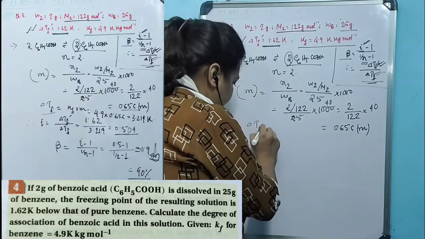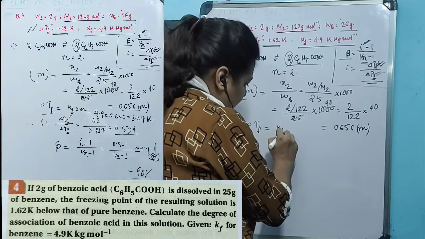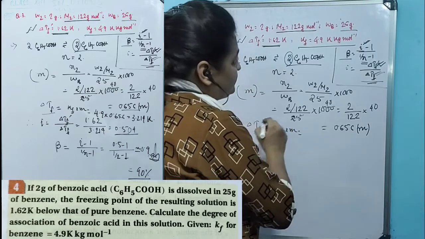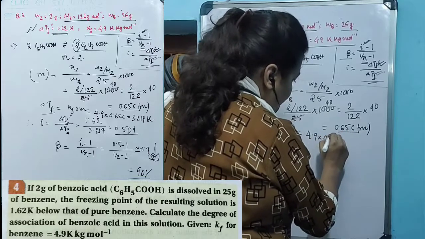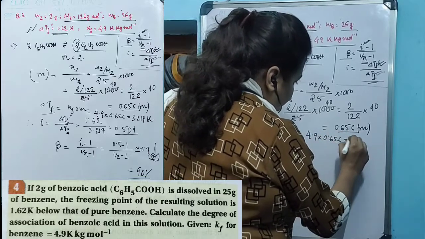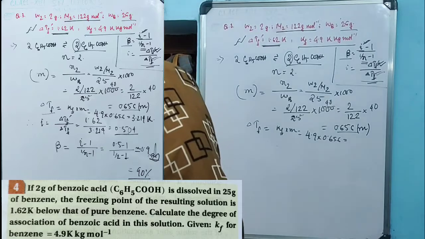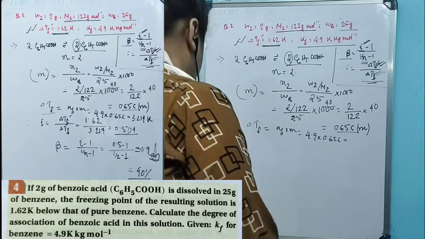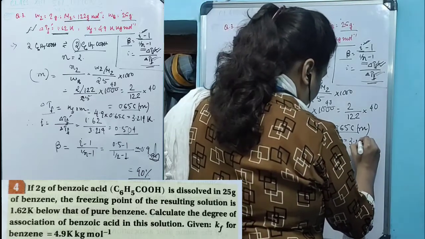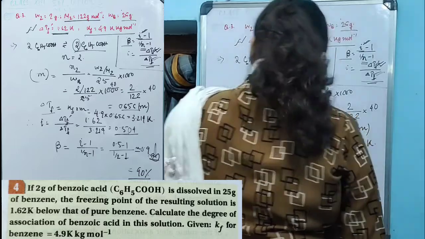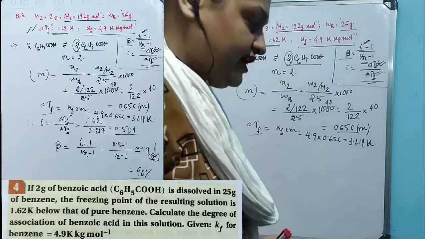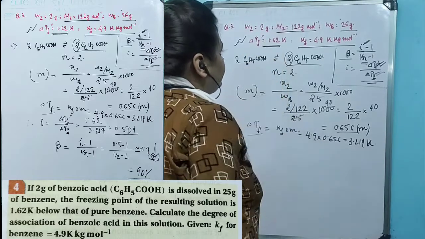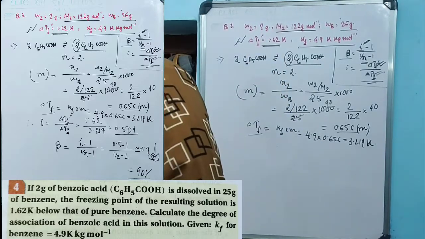Now delta TF can be calculated as Kf multiplied by molality. Kf is given as 4.9, multiplied by the molality 0.656. The answer is 3.214 Kelvin. This is the calculated or theoretical value of delta TF. The observed value of delta TF is 1.62 Kelvin.